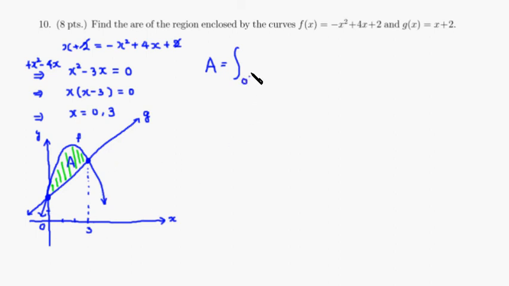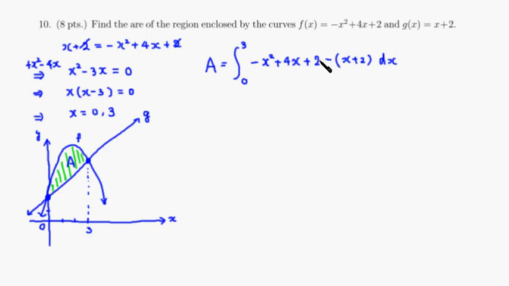The top curve is the parabola, so the top function is negative x squared plus 4x plus 2. Then you subtract the straight line, which is x plus 2, then dx.